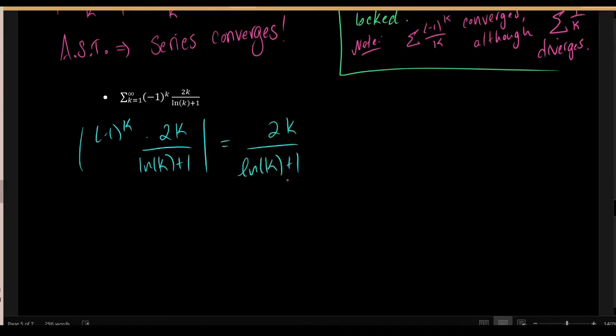So stripping off the -1 to the k part and looking only at the positive part, we have the sequence 2k divided by natural log of k plus 1. Now, although it may be tempting to use the alternating series test here, we're going to run into a problem because this sequence of terms is not decreasing.